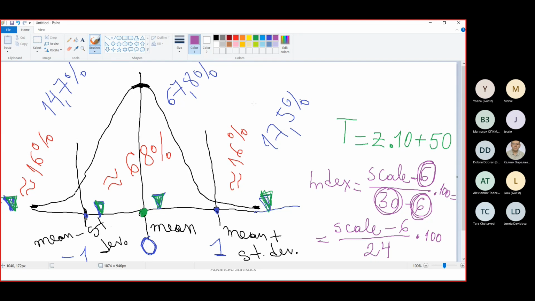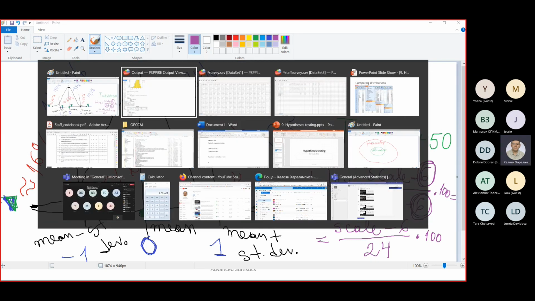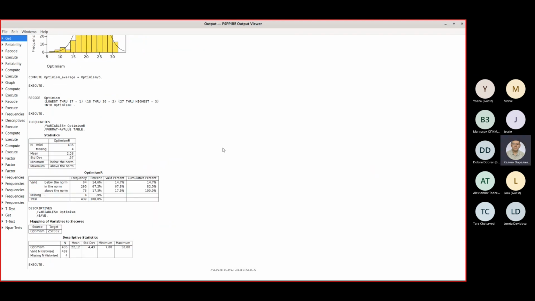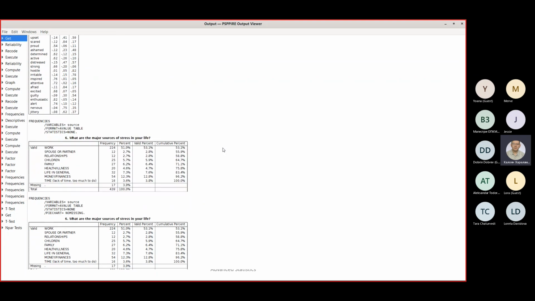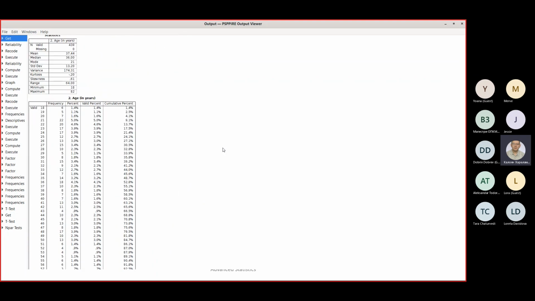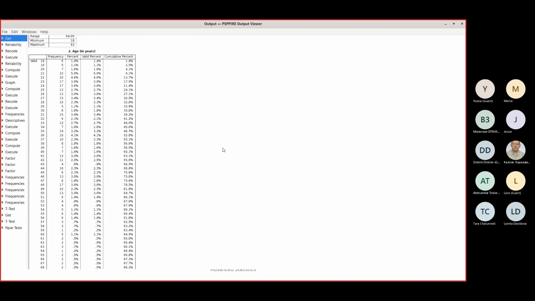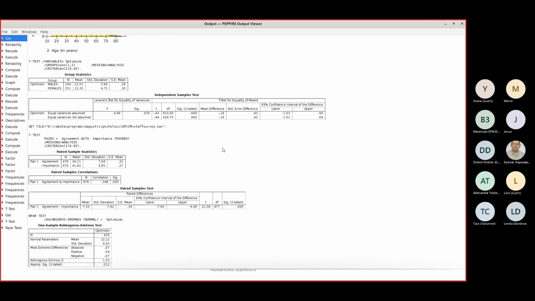And now the Kolmogorov-Smirnov test shows that these two distributions are not the same. They are different distributions. So the correct conclusion is that our distribution is not normal.